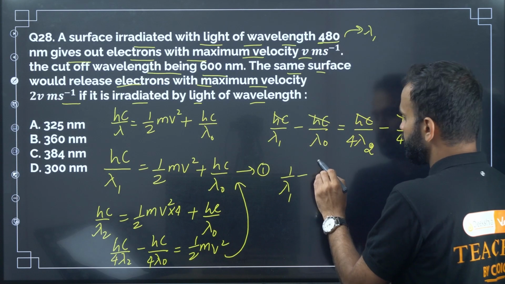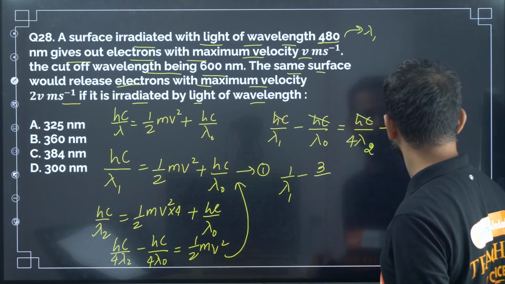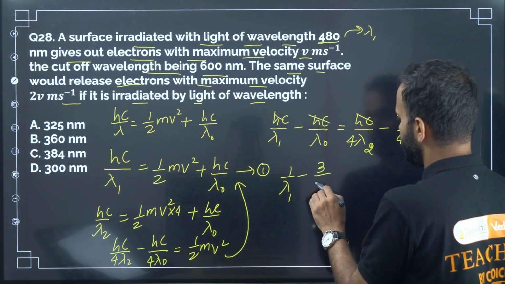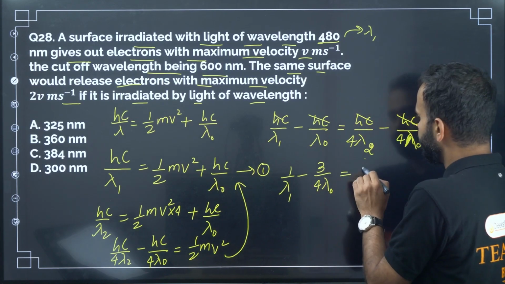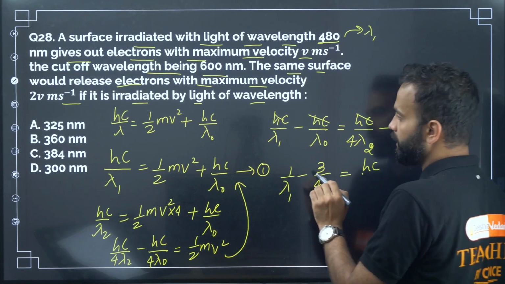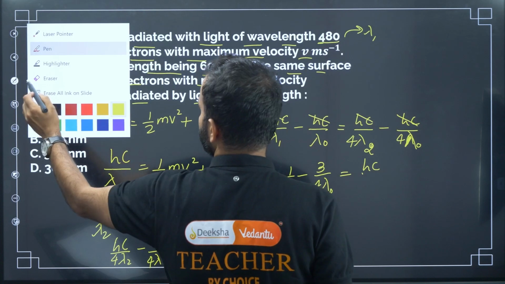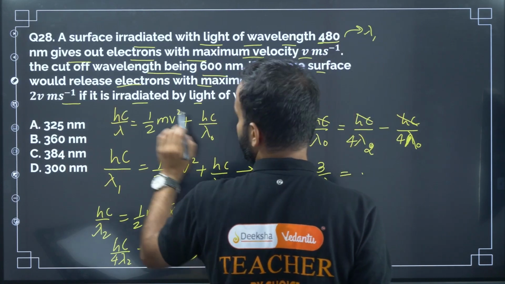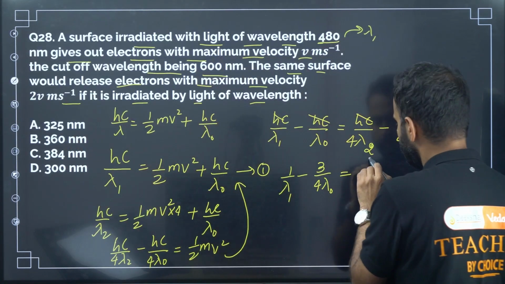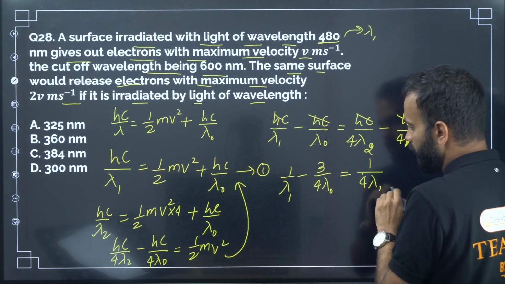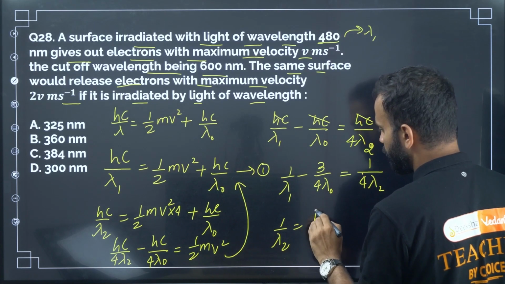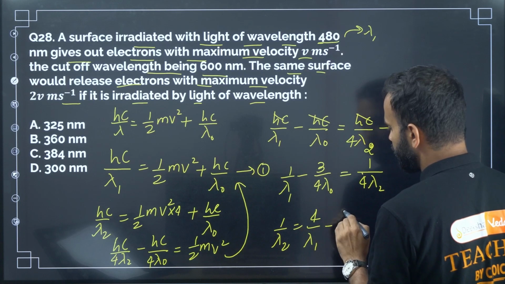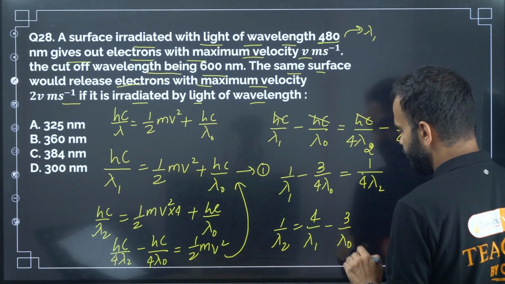So this will be 3 divided by 4 lambda naught, which is equal to 1 divided by 4 lambda 2. So now 1 divided by lambda 2 is equal to 4 by lambda 1 minus 3 by lambda naught.